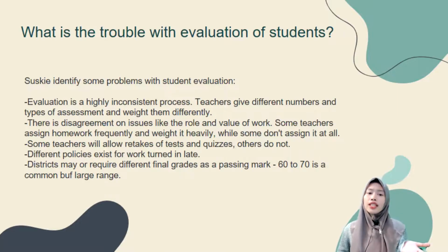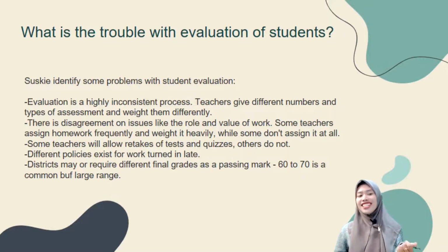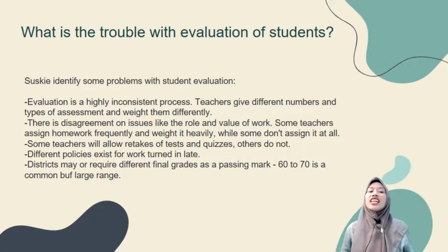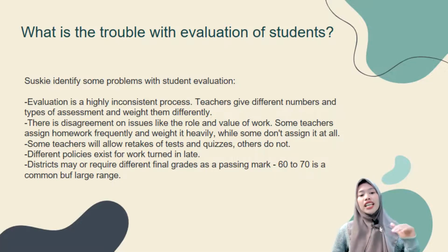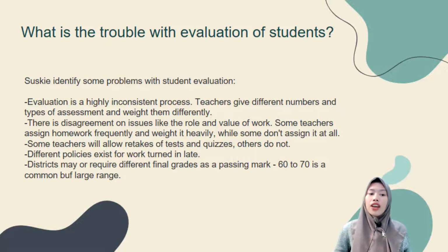And then what is the trouble with evaluation of students? Okay, Sisky identifies some problems with student evaluation. Evaluation is a highly inconsistent process. Teachers give different numbers and types of assessment and weight them differently. And there is disagreement on issues like the role and value of homework.